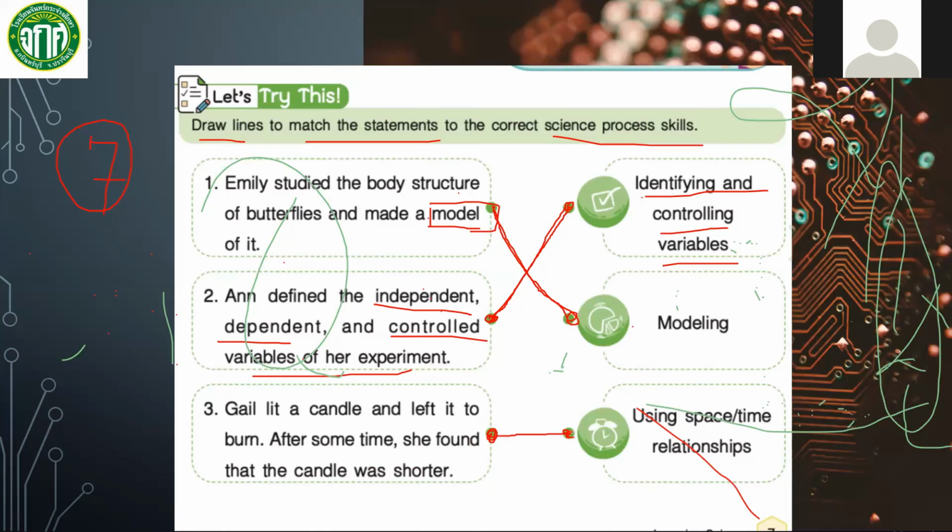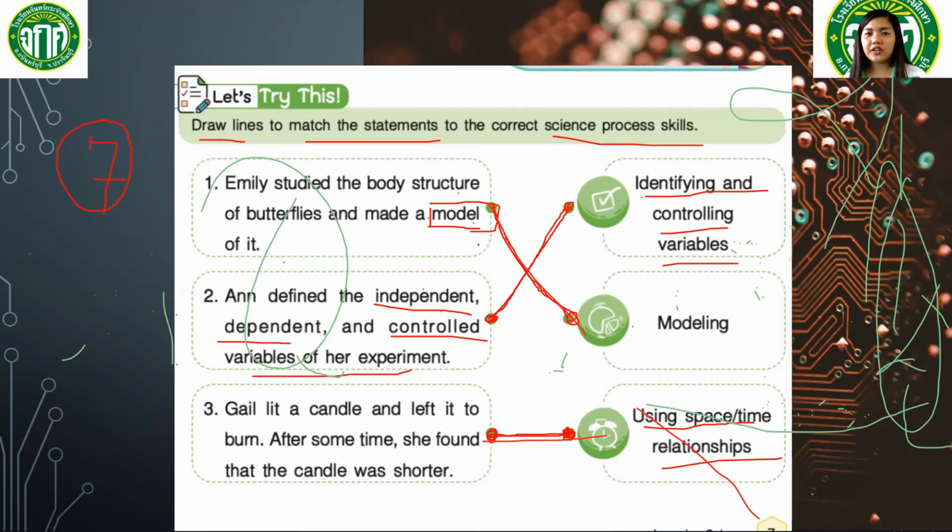So the answer for number 3 is the third also. So this is using space-time relationships. Okay, is everyone finished? Finished.